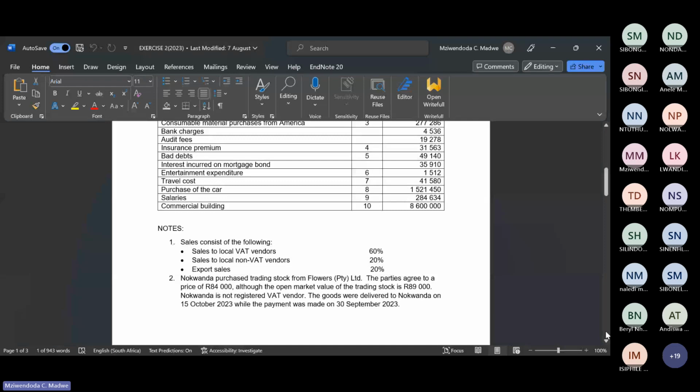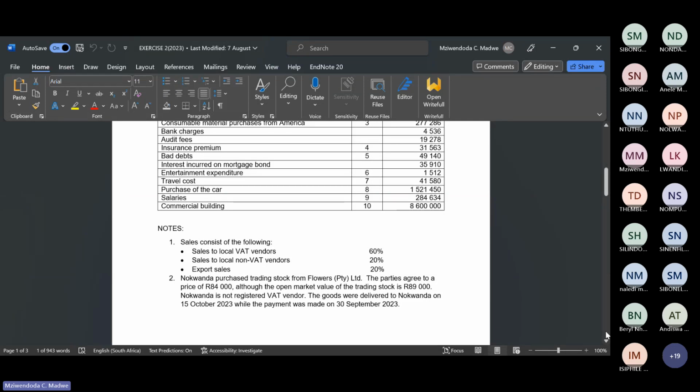Which means 80% is standard rated. So you charge 15% whether someone is registered as a VAT vendor or not. If someone comes into your business and buys an item, and that item is VATable, you charge VAT without looking at whether that person is a VAT vendor or not.